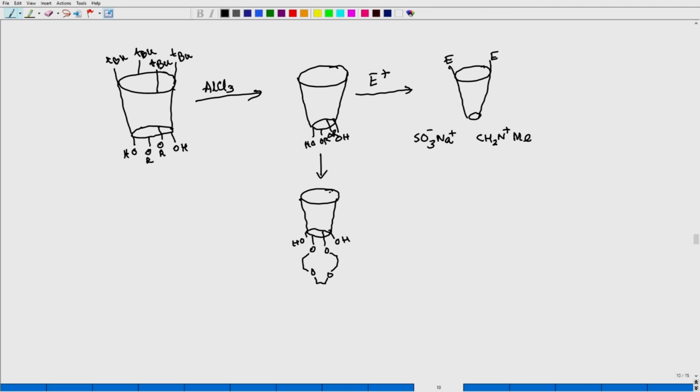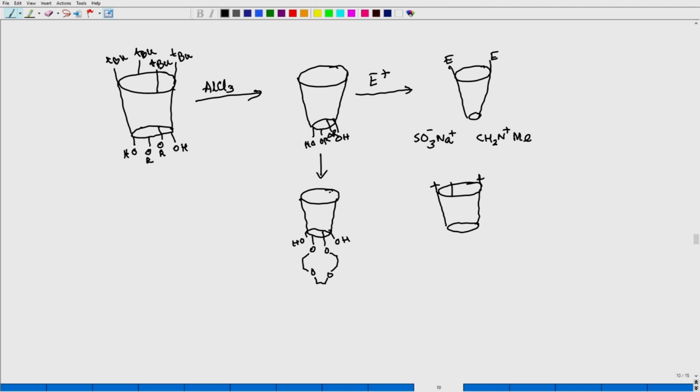A crown ether can be added. We added a cryptand. So, many things can be added to this. Many things can be added.